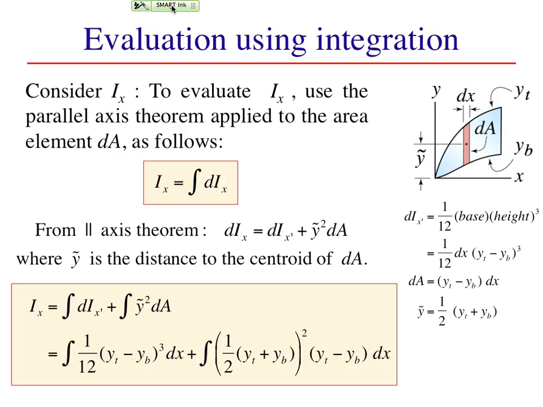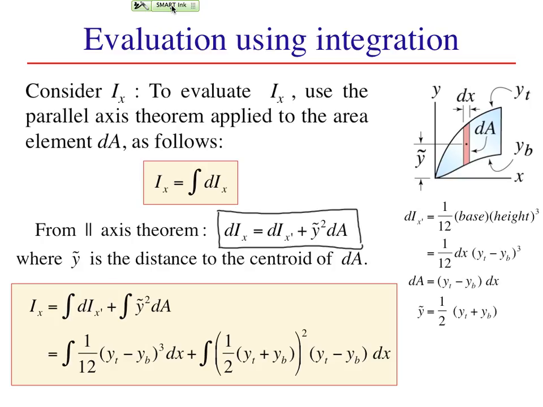We could use this to work around our previous limitation on 1D integrals. For our vertically oriented rectangular strips, we could write, for instance, an increment of area moment about the x-axis equals the increment of area moment about the centroidal axis of the rectangular strip plus a parallel axis offset, which consists of the incremental area of the strip times the distance dx between the center of that strip and the x-axis, which in this case is the centroid of the rectangular strip y tilde.